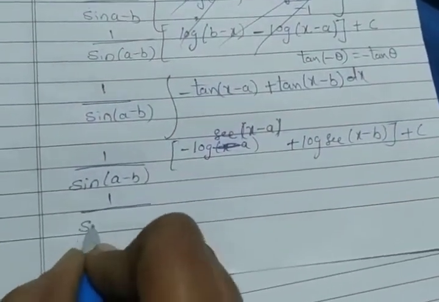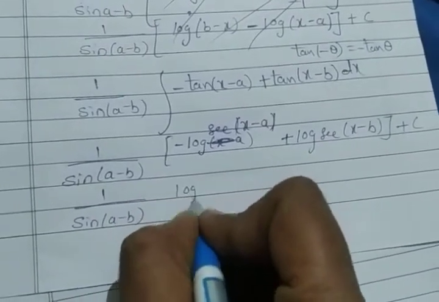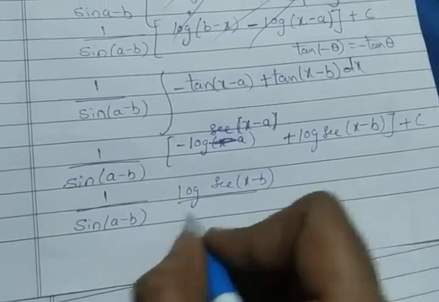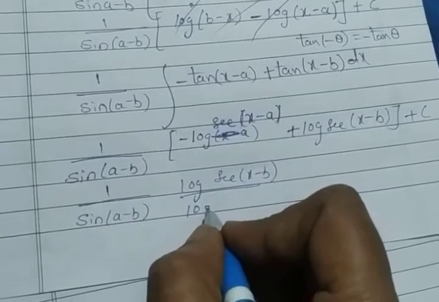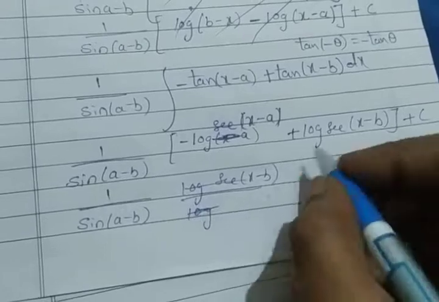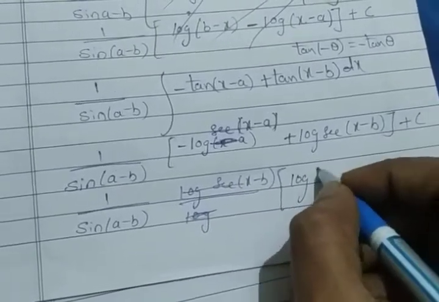1 by sin a minus b, log secant x minus b minus log secant x minus a.